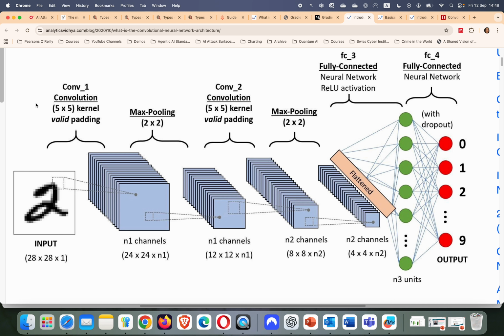But here we have the input, and then you have the kernel, pooling, the convolutional kernel, padding, that leads to a fully connected neural network, and then you get the dropout rate and the output.